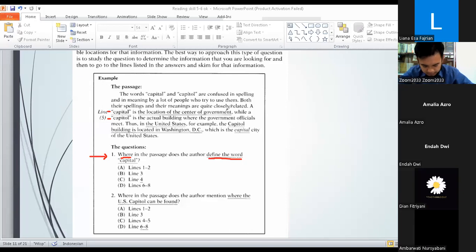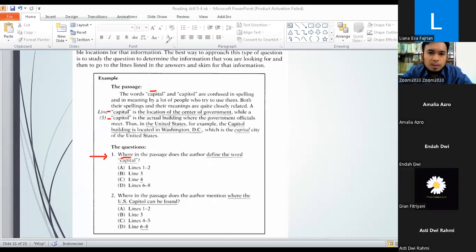Okay, no, guys? Can you get the answer? Where in the passage does the author define the word capital? So we have the chat box. Line 3, 1, 2, 3. Is it?